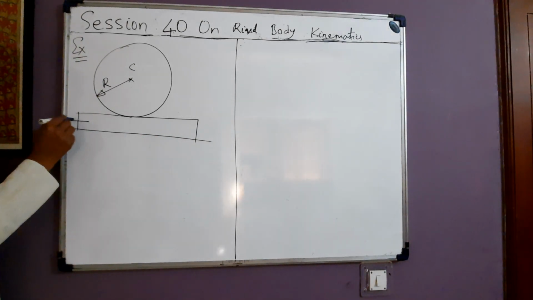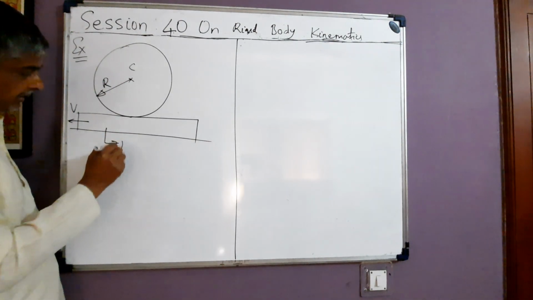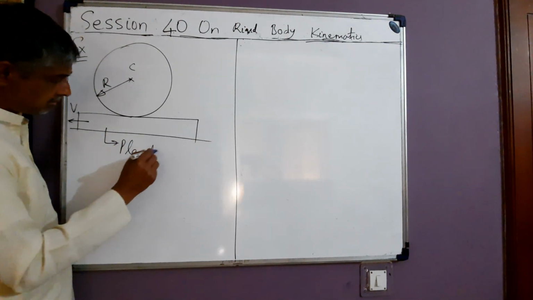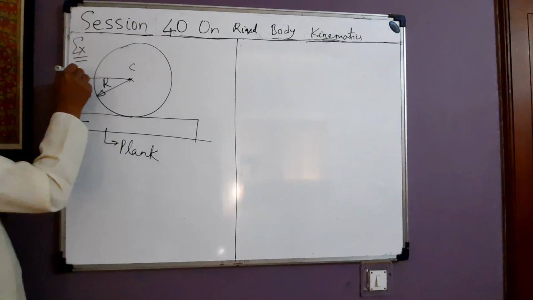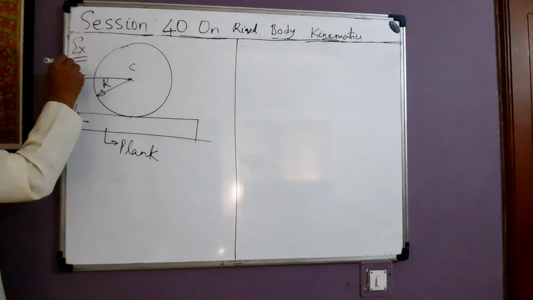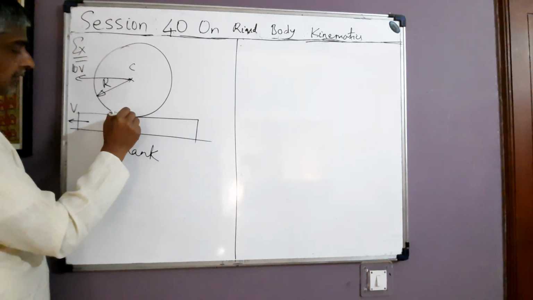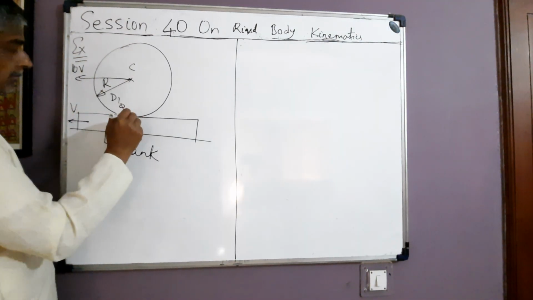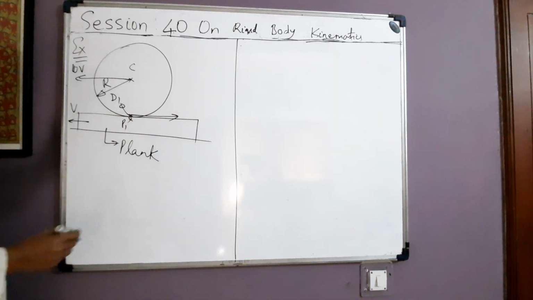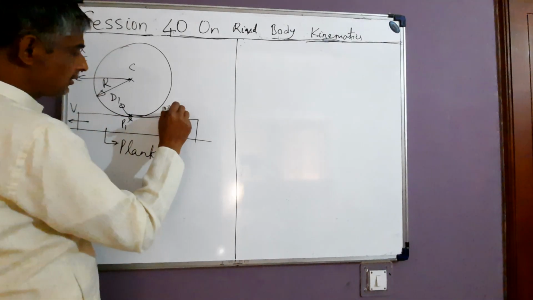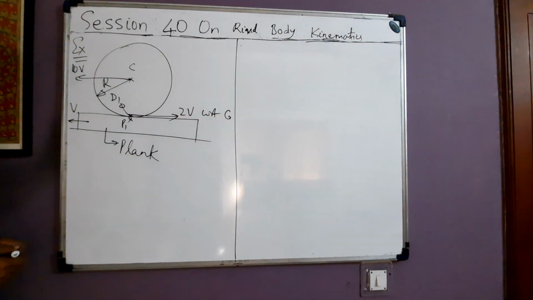This moves at a speed v towards left with respect to ground. This is the plank. Center C moves leftward at a speed of 10v with respect to ground, and the lowest point D1 of the drum, material point D1 of the drum, which is in contact with material point P1 of the plank, moves to the right at a speed of 2v with respect to ground.